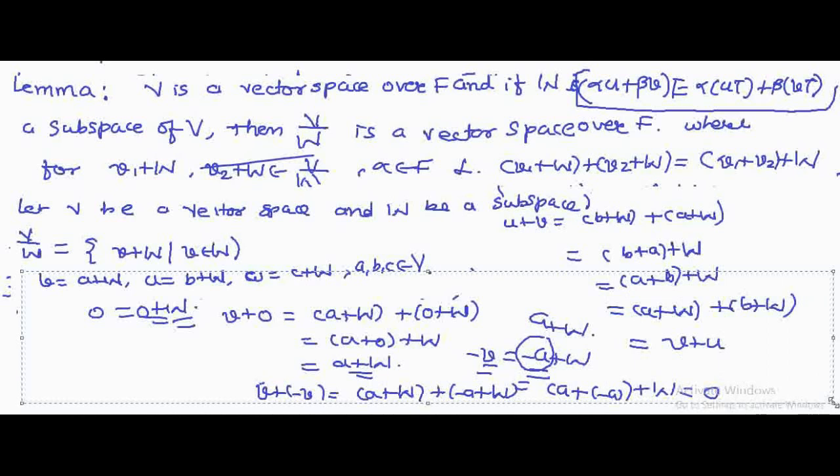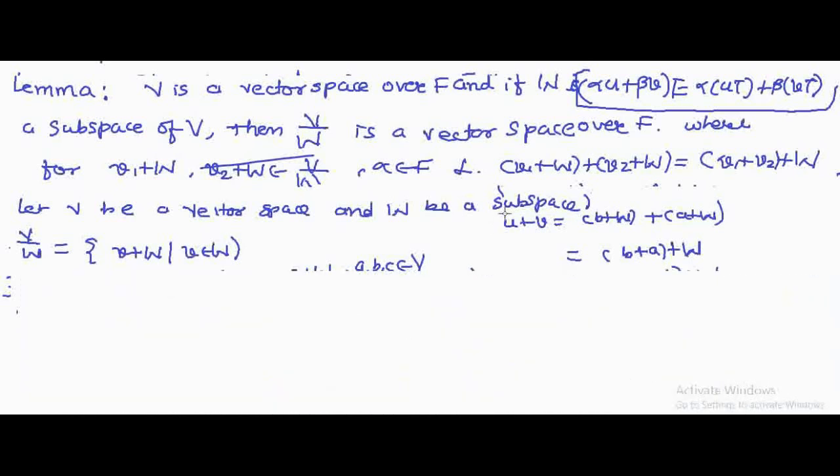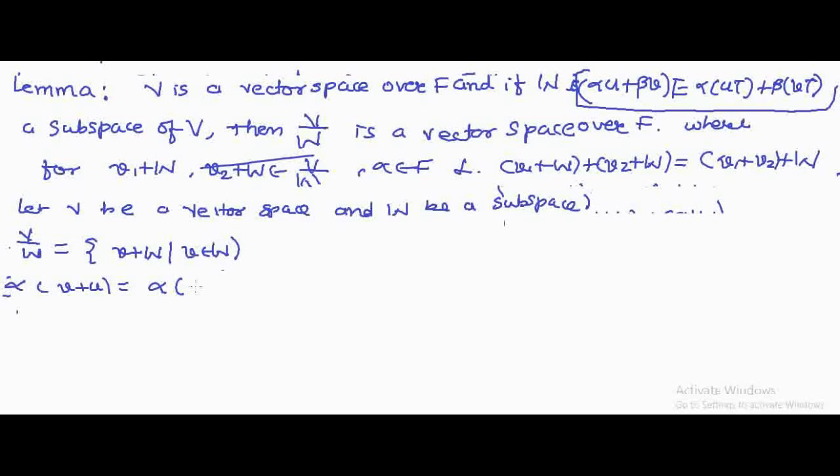Now it remains to prove the properties of vector space. 4 properties of a vector space. What are those properties? First property, alpha times (u + v). Here alpha into (v + u) equal to alpha into, we have taken u as a + W, u + v means (a + W) + (b + W).